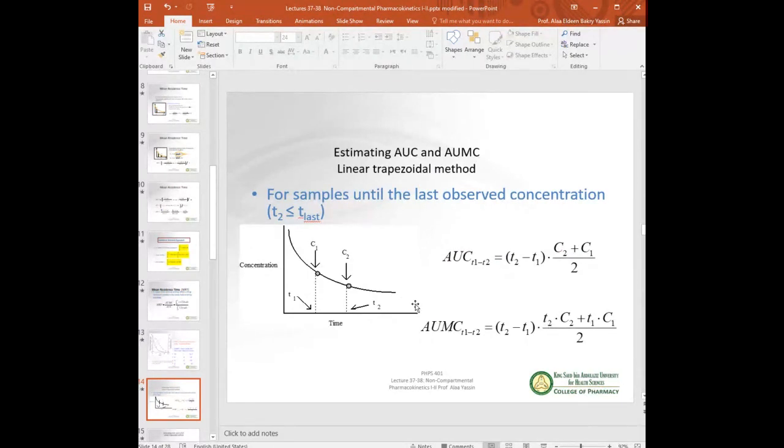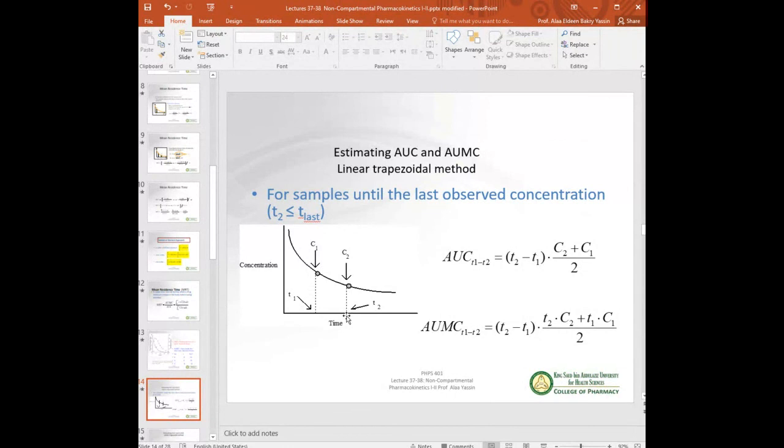For example, we can estimate the area of the terminal part after the last concentration point. And this will be determined by the same trapezoidal method that divides the area into trapezoids.